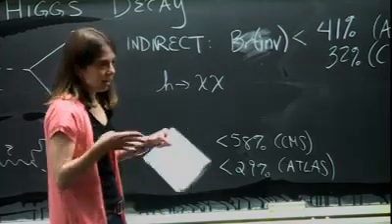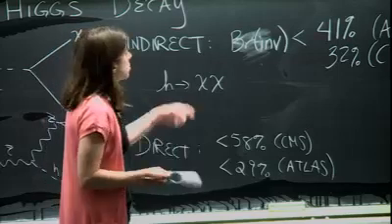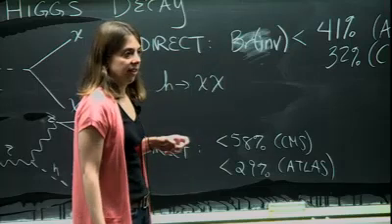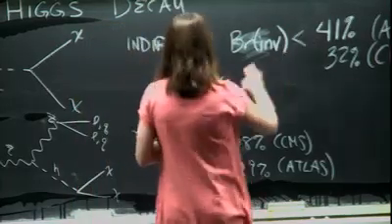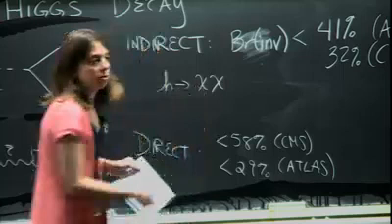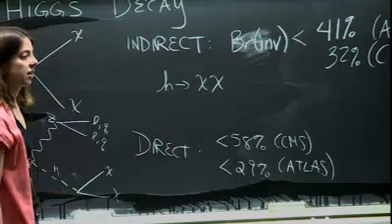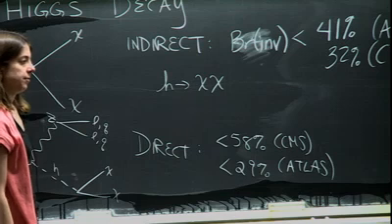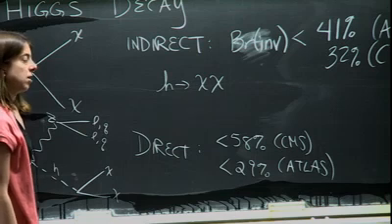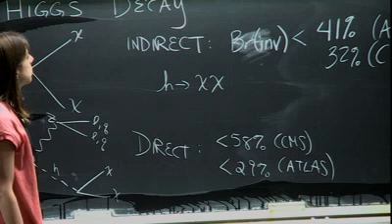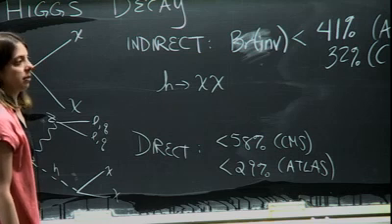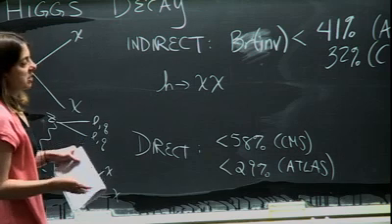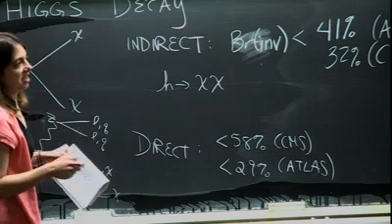Because it's not precision measurements yet, there's still room for us to squeeze in other decay modes. The percents are just the fraction of all of the total Higgs decays. Well, the width, kind of both, but mainly the width. But it's not very precise.